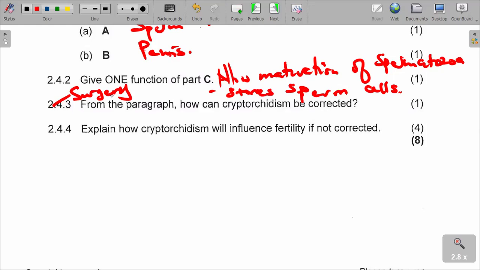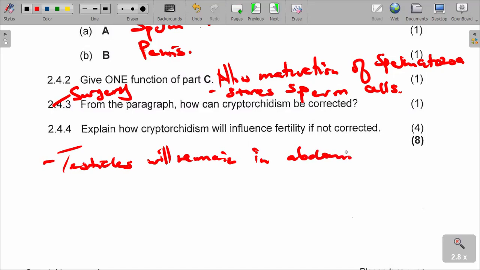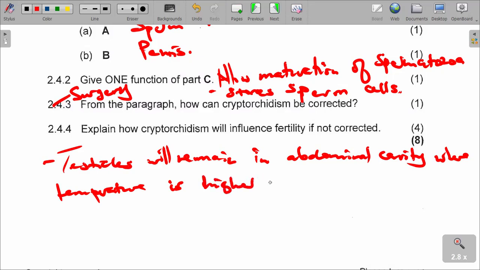It means the testicles will remain in the abdominal cavity, where the temperature is generally higher than it should be in the scrotum.